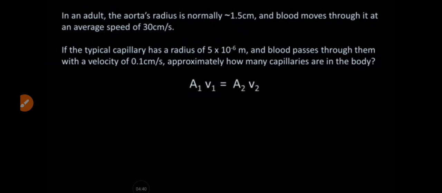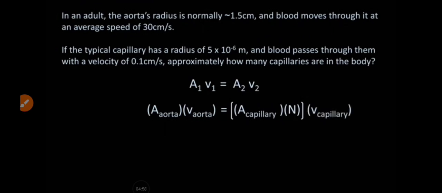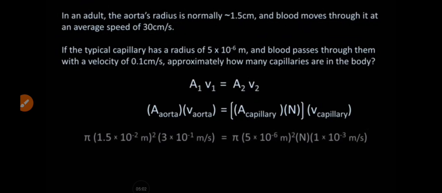In this case, area 1 is the cross-sectional area of the aorta, and velocity 1 is the average speed of blood in the aorta. But what is area 2? It is the total cross-sectional area of all capillaries, which is the cross-sectional area of one capillary times n, where n is the total number of capillaries. Substitute in the known values.